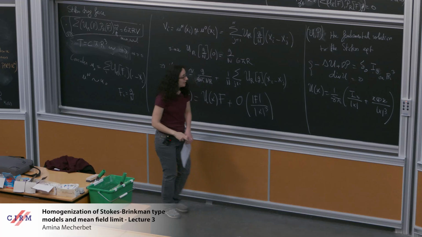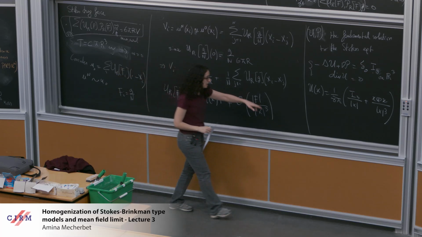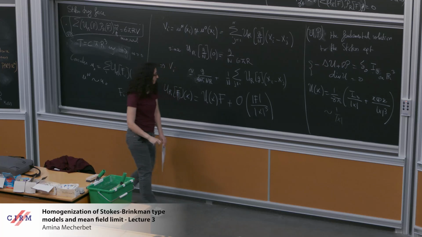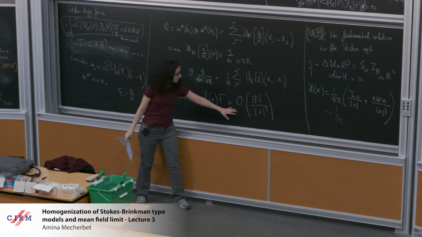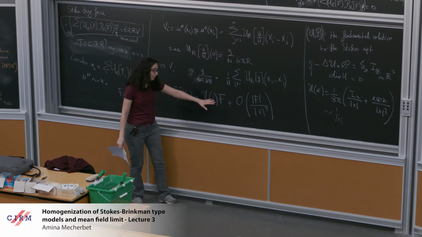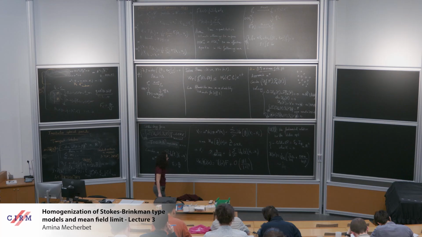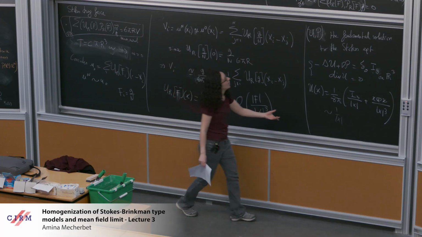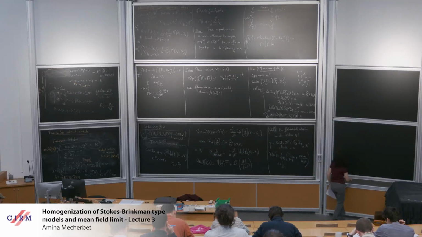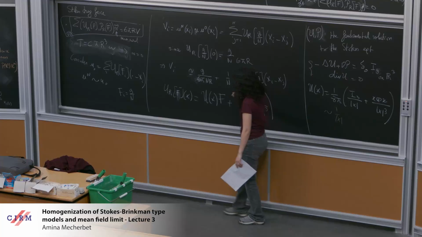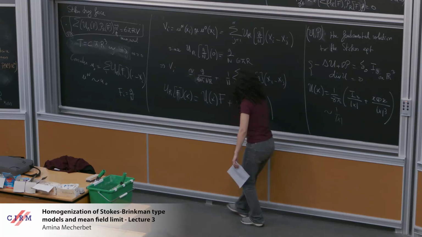So it's a singular kernel, singular like 1 over x. So you can see that this one will be quickly negligible because it decays even faster. The advantage now is that we have an explicit kernel, and we are in a setting where the kernel is singular. So let me replace UR by this only, neglecting formally.